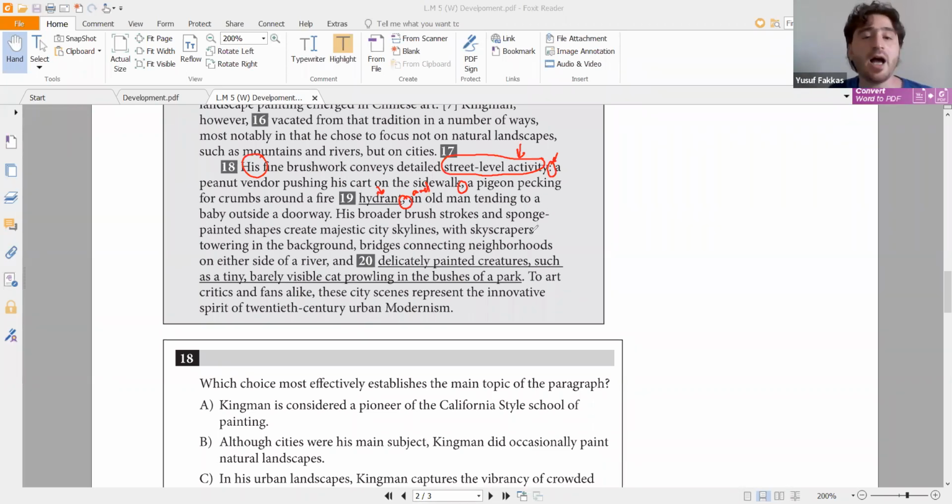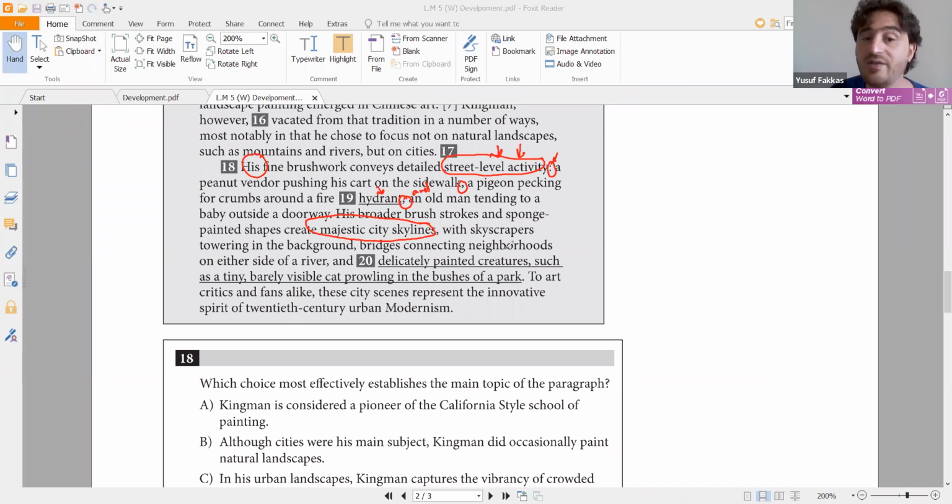I don't highlight the examples. I just focus on the first supporting detail, because all the examples will be related to it. And then I move to the second one. His broader brush strokes and sponge painted shapes create majestic city skylines. That's my second supporting detail.